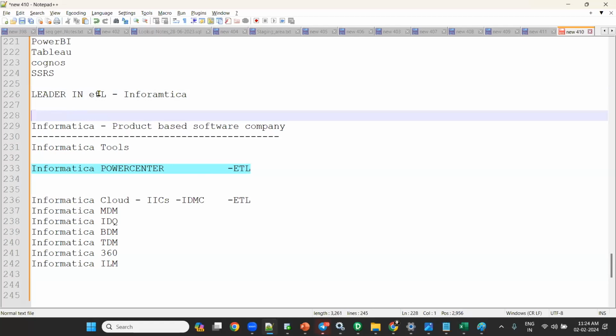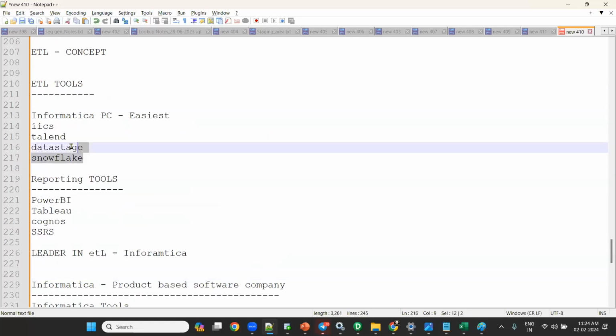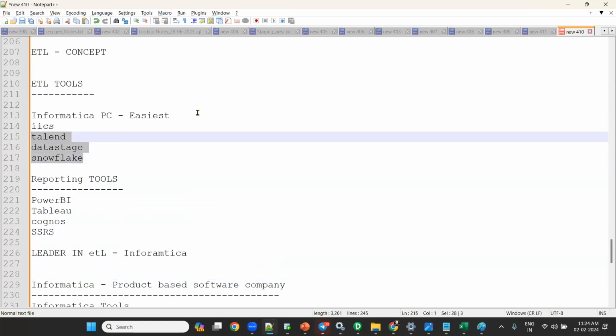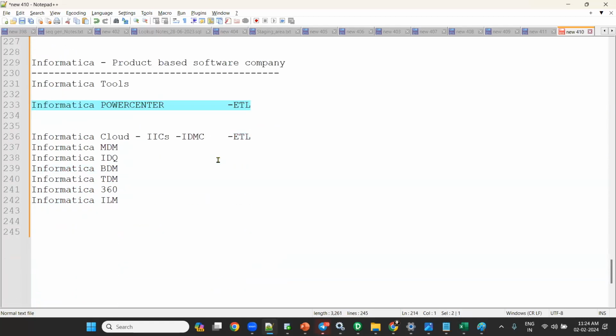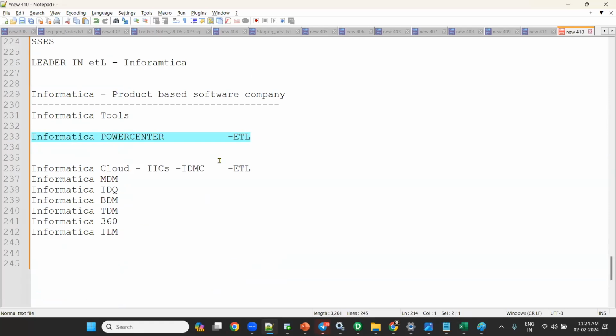Other tools may or may not be used, but for sure every company will use Informatica. This is the background about our ETL tool, Informatica. Did you understand clearly?